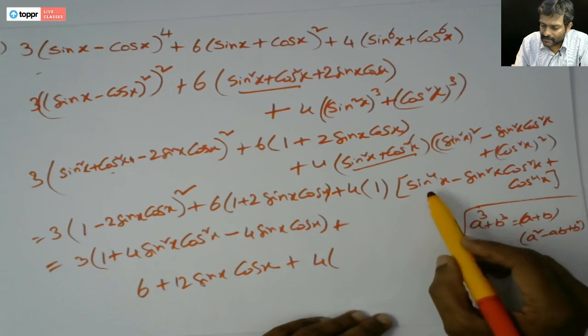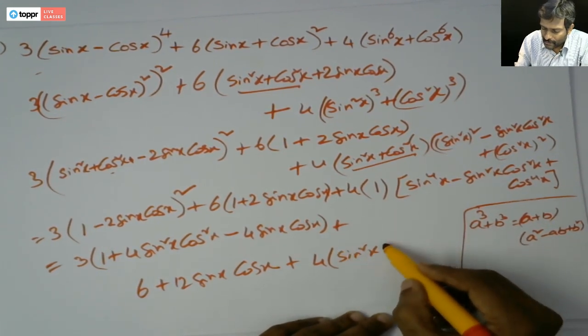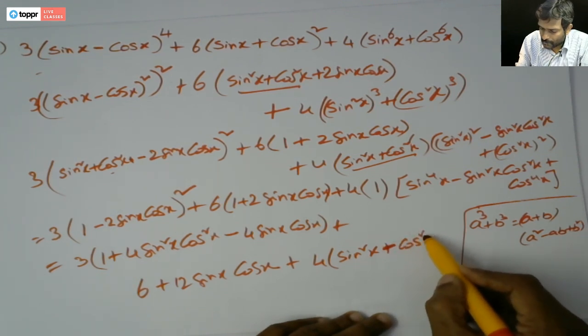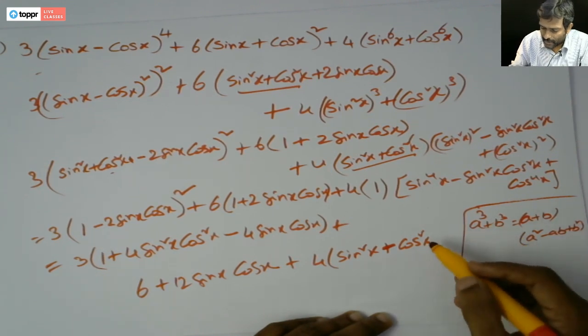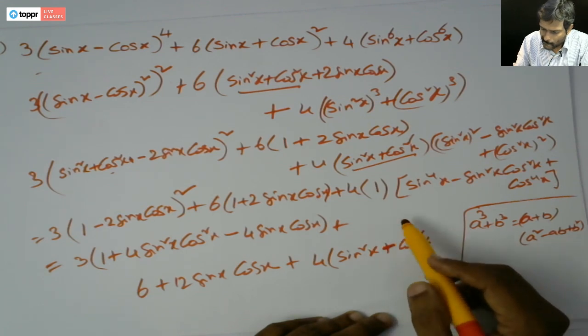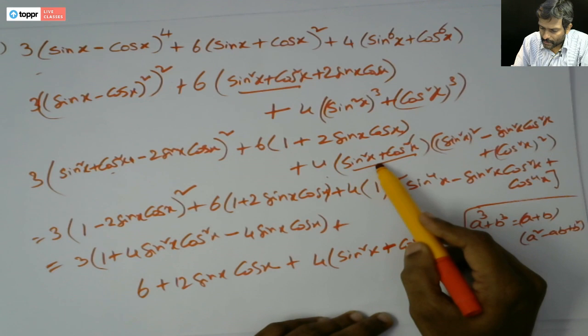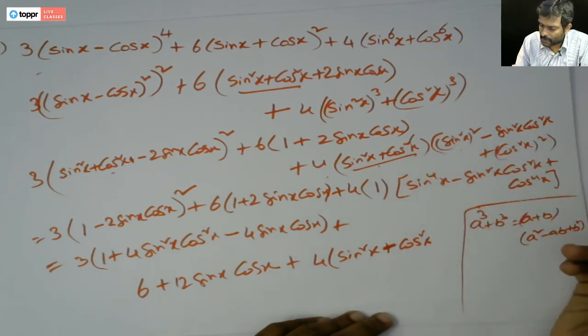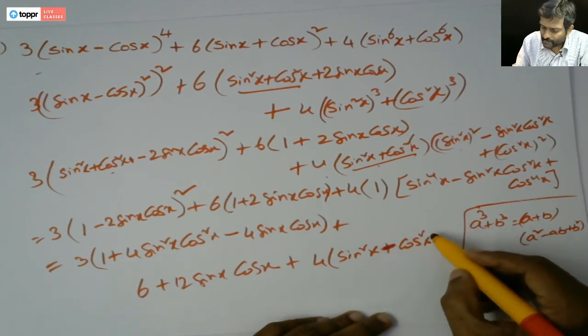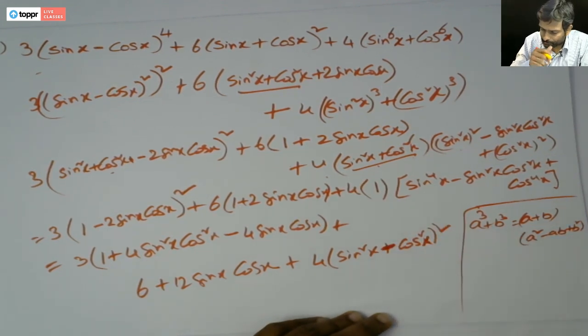So this can be written as (sine square x minus cos square x) whole square.